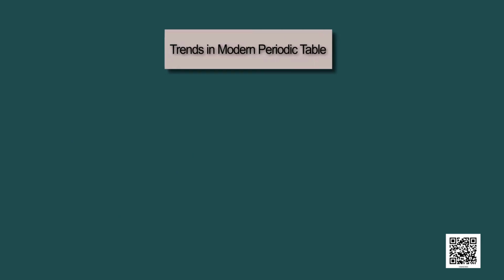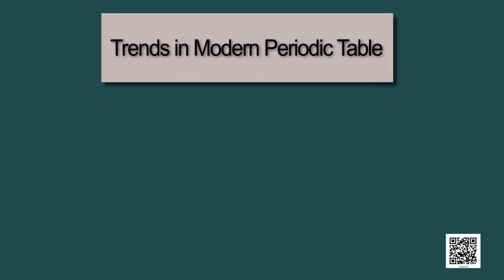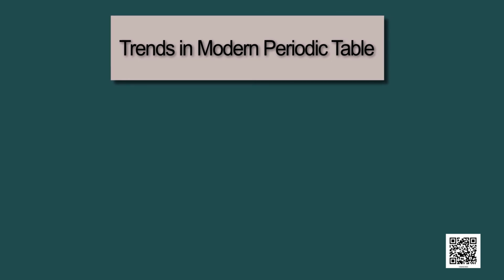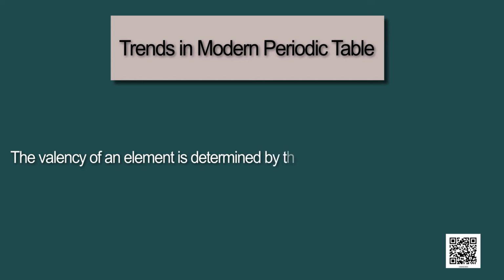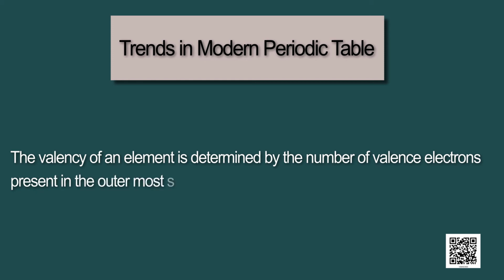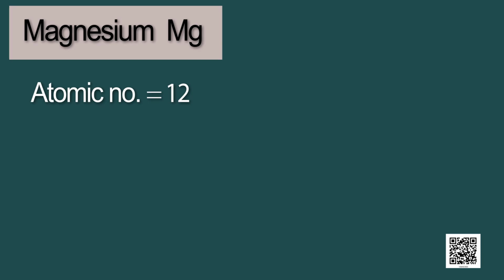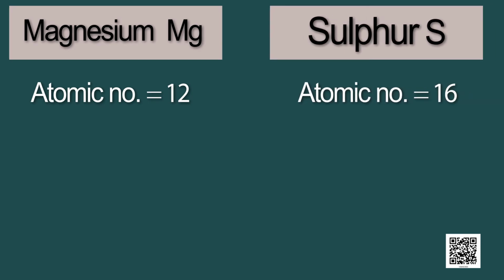Now dear students, let us see some trends in the modern periodic table. First of all, the valency. The valency of an element is determined by the number of valence electrons present in the outermost shell of its atom. Let's see how we can calculate the valency of an element from its electronic configuration. Let us take magnesium and sulfur as examples, with atomic numbers 12 and 16.